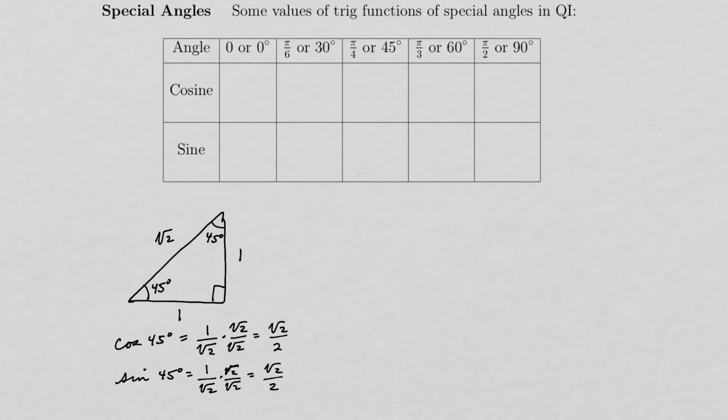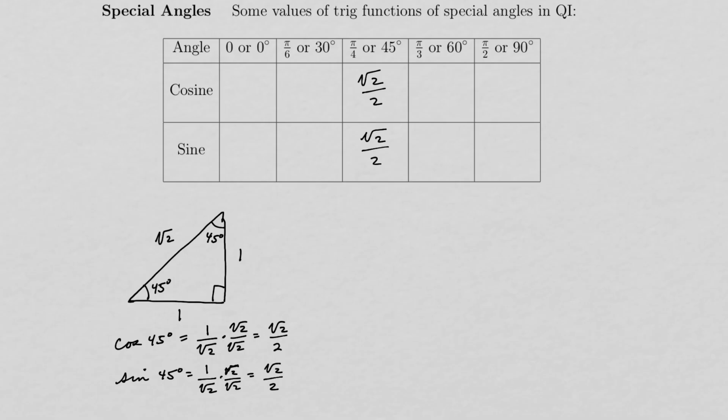And remember, 45 degrees in terms of radians is pi over 4 radians, right? So cosine will be radical 2 over 2, and sine is also radical 2 over 2.